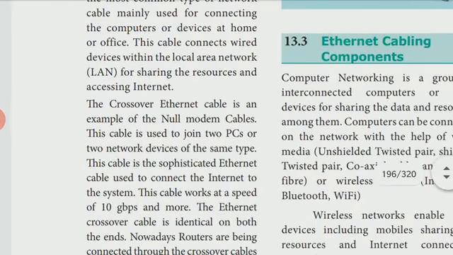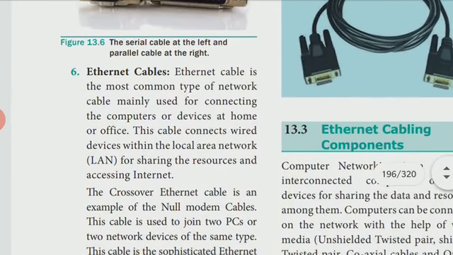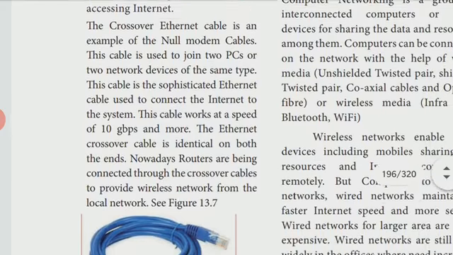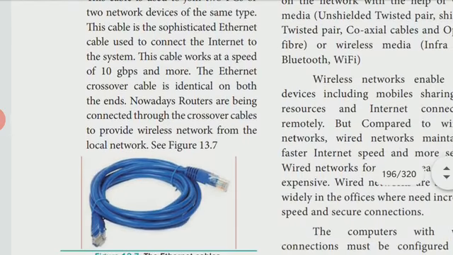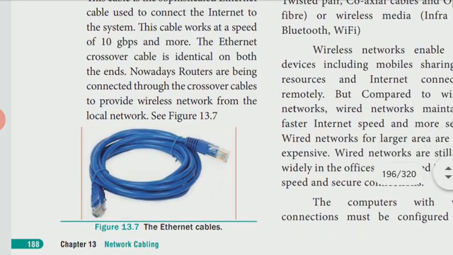The next one we will see is Ethernet cables. The Ethernet cable is the advanced one. Nowadays for LAN connections we are using this Ethernet cable. To connect computers without a modem we use a blue colored cable, called an Ethernet cable, and it will transfer data at 10 gigabits per second.